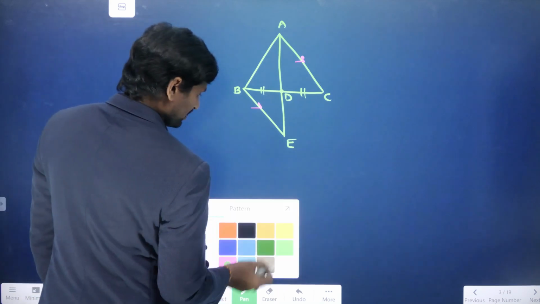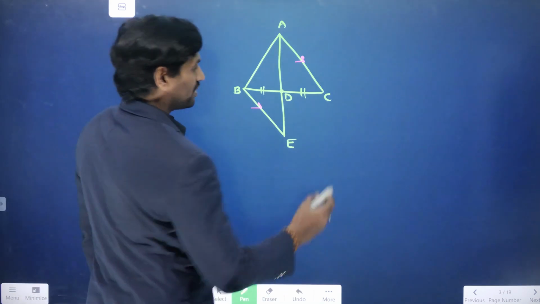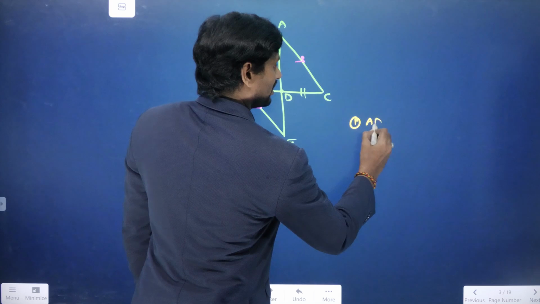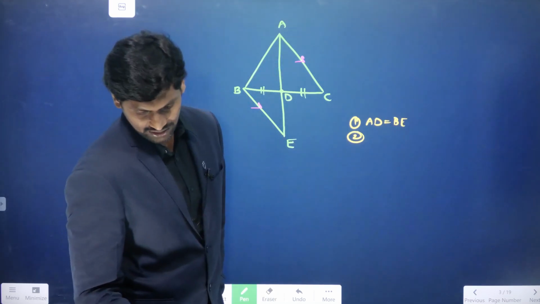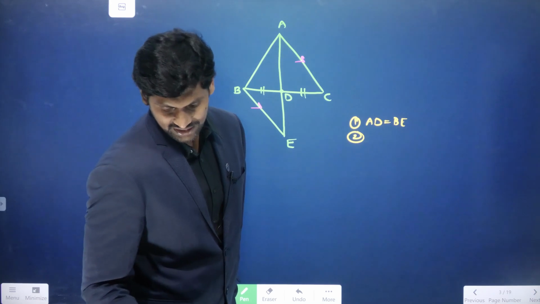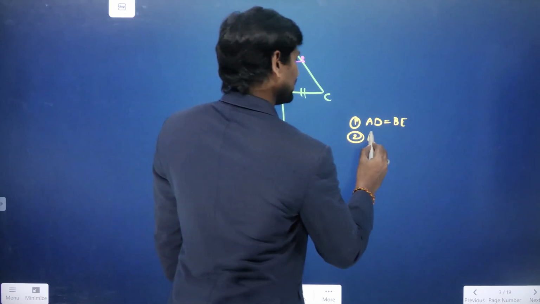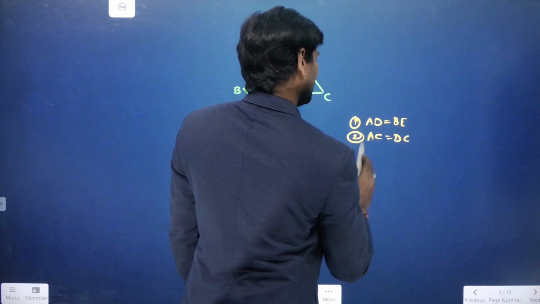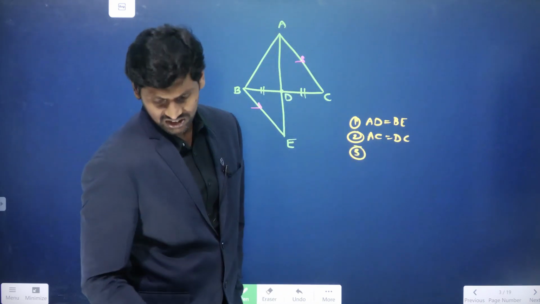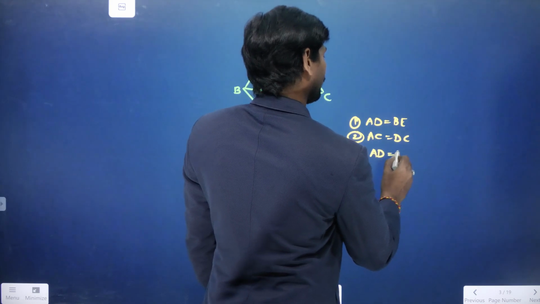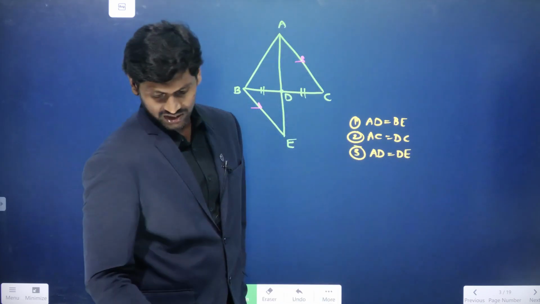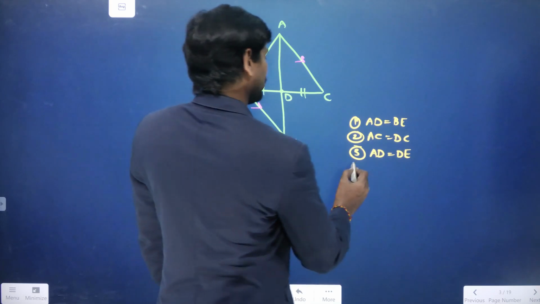Let me write the options here. The first one is AD equals BE, the second option is AC equals DC, the third option is AD equals DE, and the fourth option is AB equals AC.